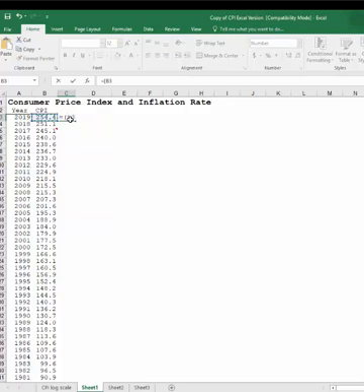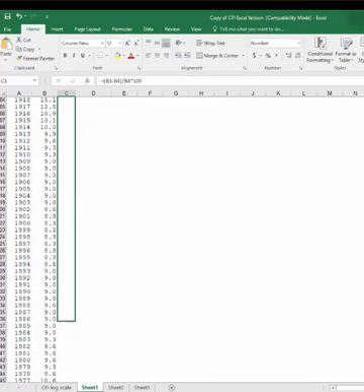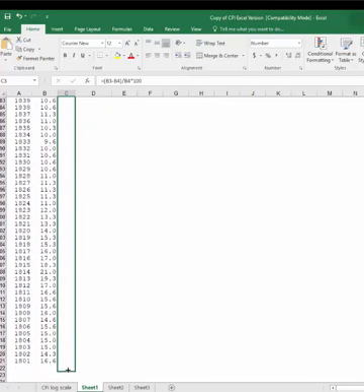So I'm going to take this number and subtract the previous number. You take the difference in the two numbers and you divide that by the first number. And then if you want to put it in percent, you multiply the whole thing by 100. So the inflation rate that we expect for 2019 is 1.3%, and then you could just do that all the way down. You could get them all.